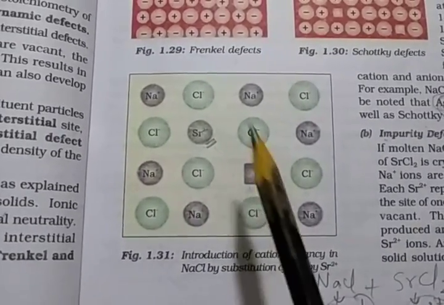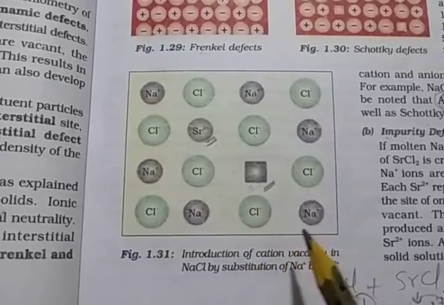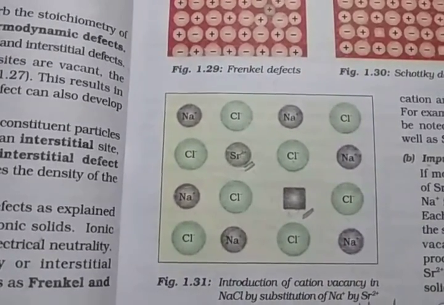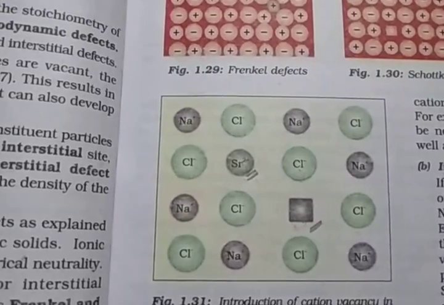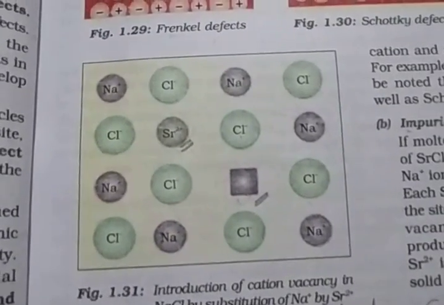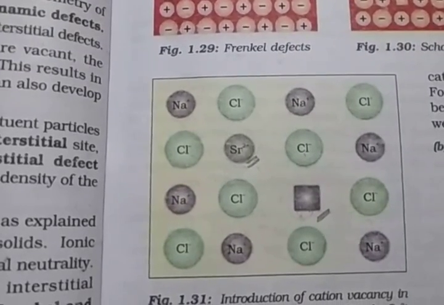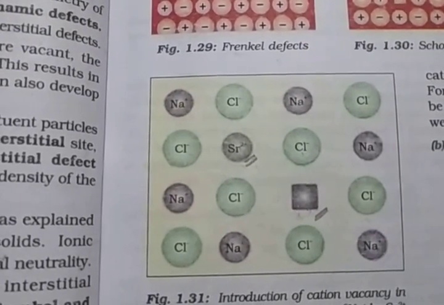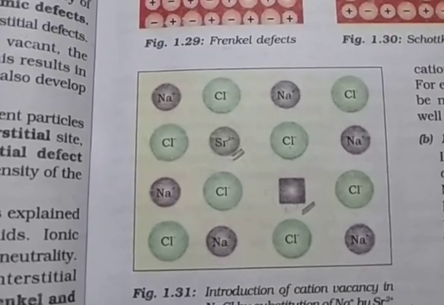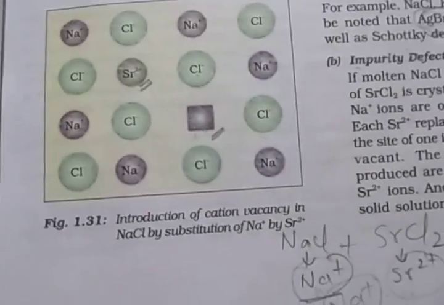So the cationic vacancies produced are equal in number to that of the strontium 2+ ions. Another example of this impurity defect is the solid solution of cadmium chloride, CdCl2, and AgCl.